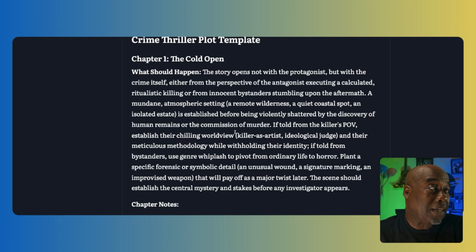A mundane atmospheric setting, a remote wilderness, a quiet coastal spot, an isolated estate. It's basically just giving you a very careful, without the slop sort of way to get your story written. You could just use it to actually write better. This is, and write in many genres.